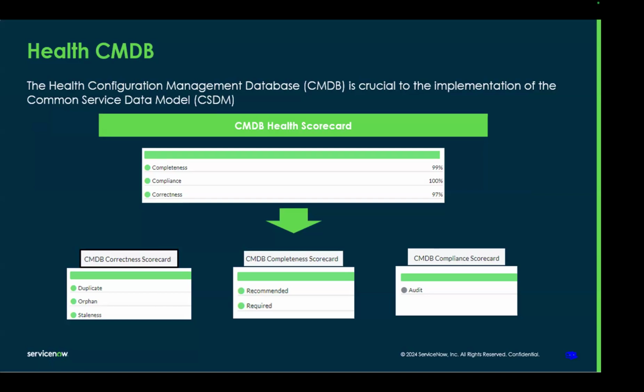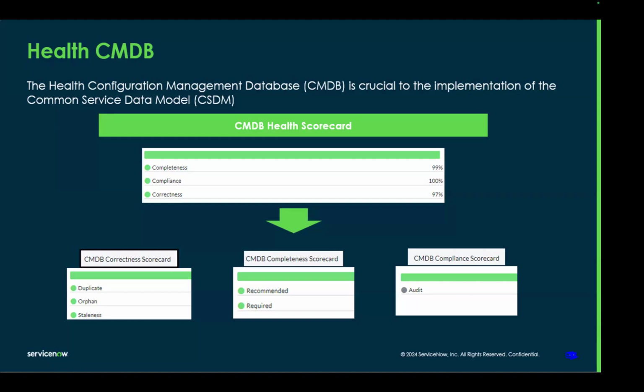Each KPI has its metrics, with a calculation to find the errors. For example, duplication: it shows you how many duplicate records are in your CMDB. You can click and go to the record and fix the issues. It's so convenient in current ServiceNow applications.